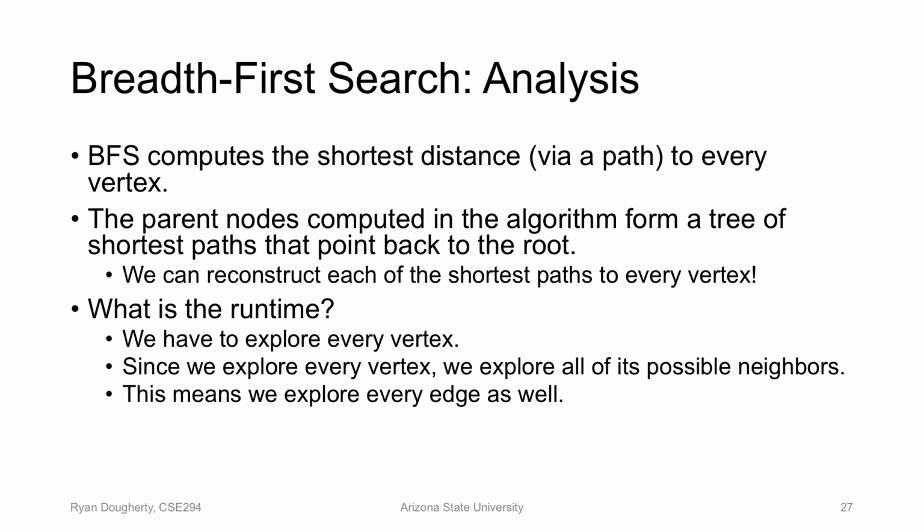So that means I must have an algorithm which runs in time the number of vertices plus the number of edges, right? Because how many times do I see an edge? Well, let's just say the vertices are S and T. When I look at S, I'm going to consider that edge, right? And when I look at T, I'm going to consider that edge again, right?